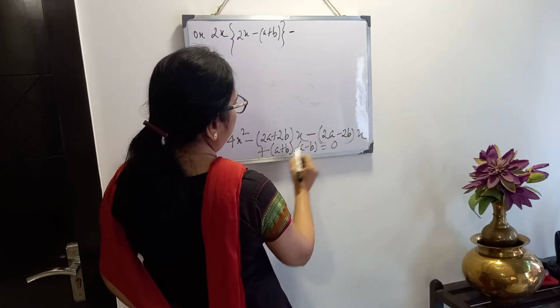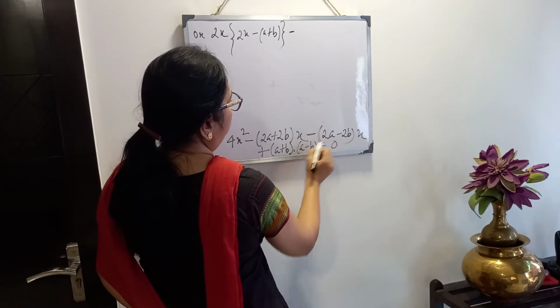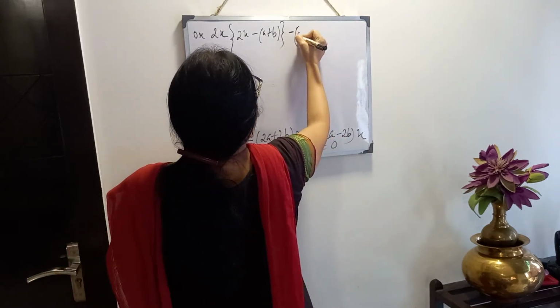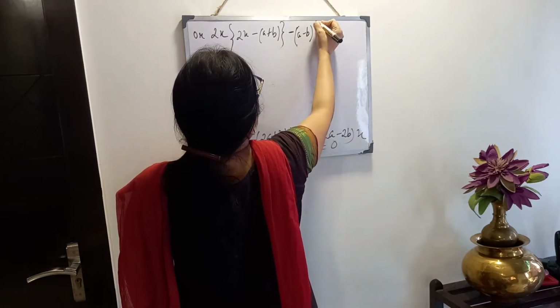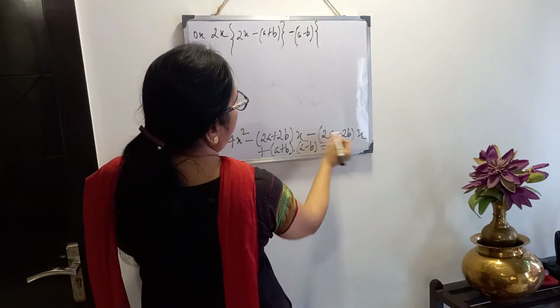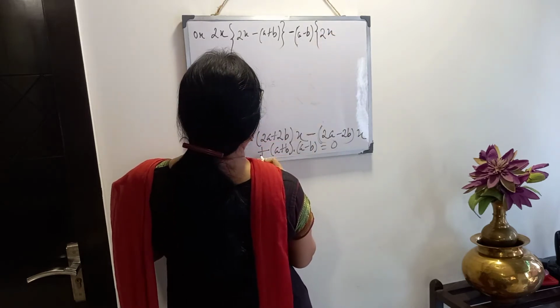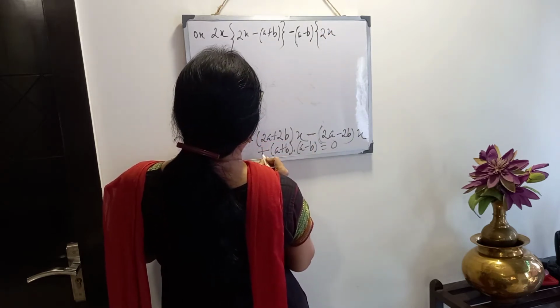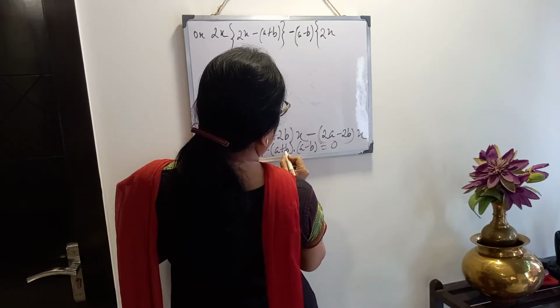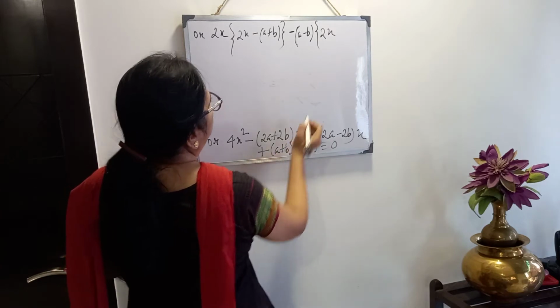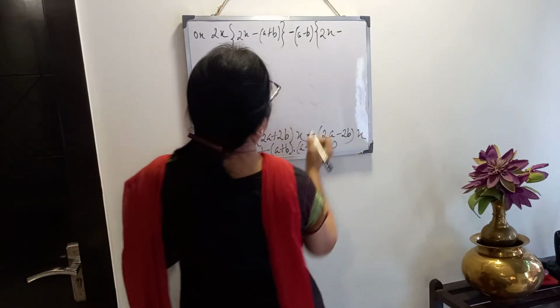So in these two terms a minus b will be common. So a minus b, inside 2 I am taking outside, so 2x, and there is minus I have taken common. Clear? So there is plus, so inside the bracket it will be minus.